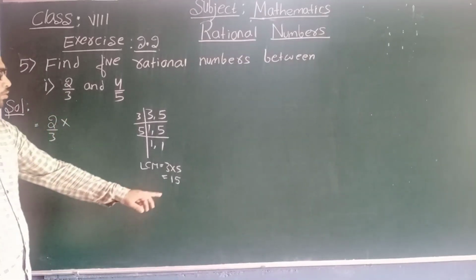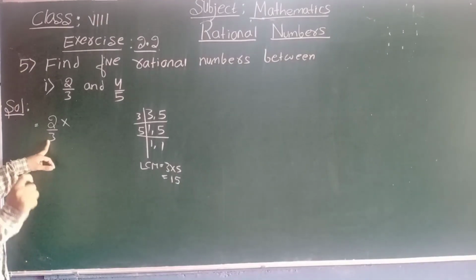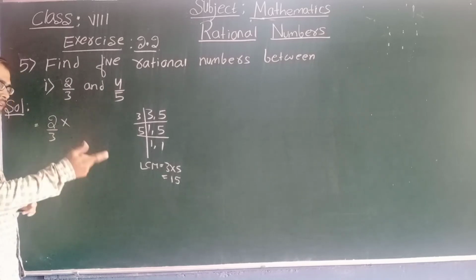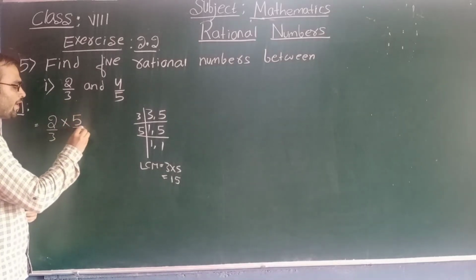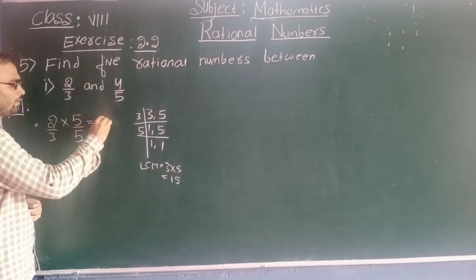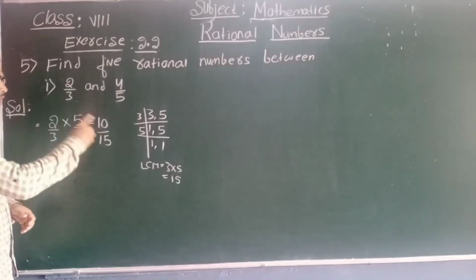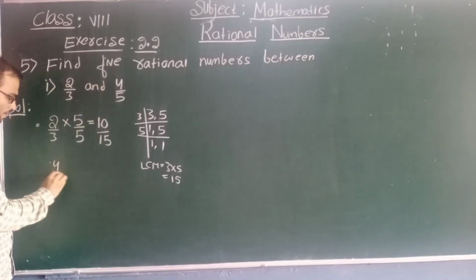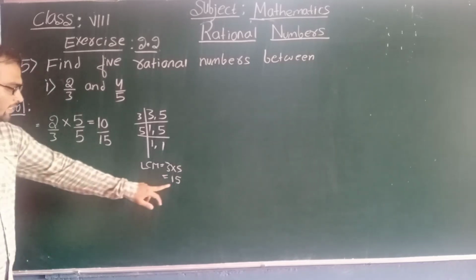Now take the first number, 2 by 3. Look here students, LCM is 15 and the denominator is 3. So what has to be multiplied to 3 so that you can get 15? 5, no? So now we'll multiply by 5. 5 2s are 10, 3 5s are 15. Now take the next number, 4 by 5. Here 5 is there and the LCM is 15.